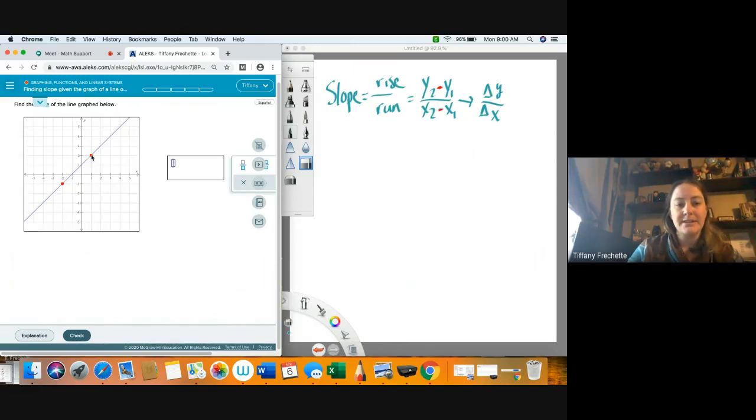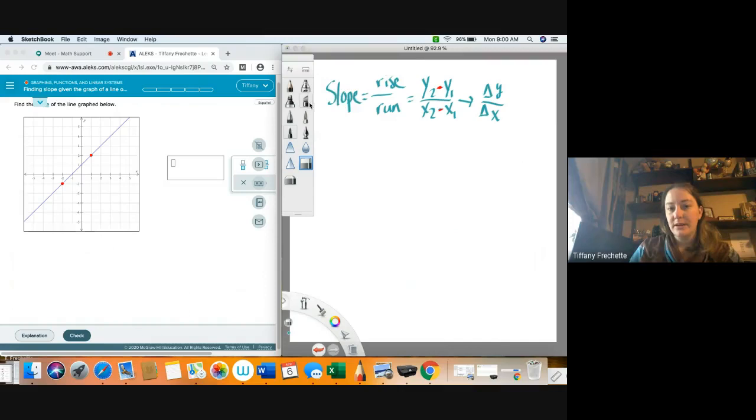So to be on the same line as this one, I have to go up 3, which means I rose 3. And then from there, I have to go 1, 2, 3. So I have to run 3 to the right. 3 divided by 3 is 1. So my slope on this is actually 1 over 1, or just 1.